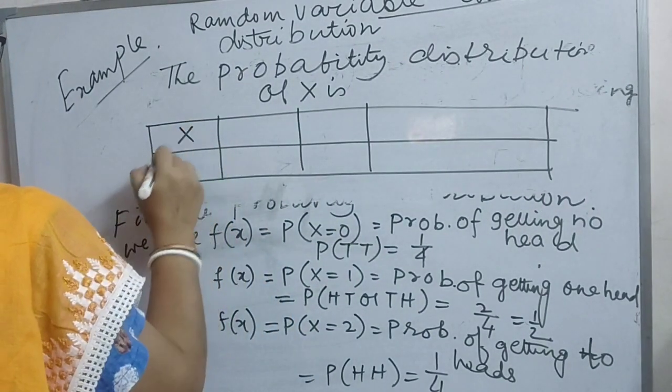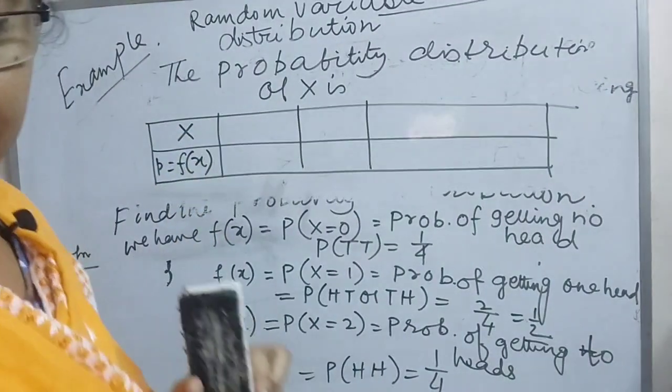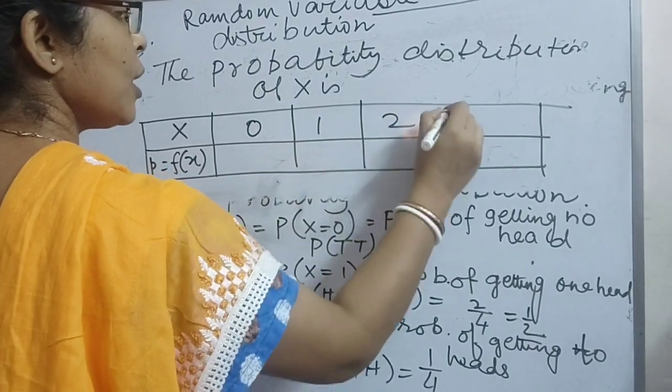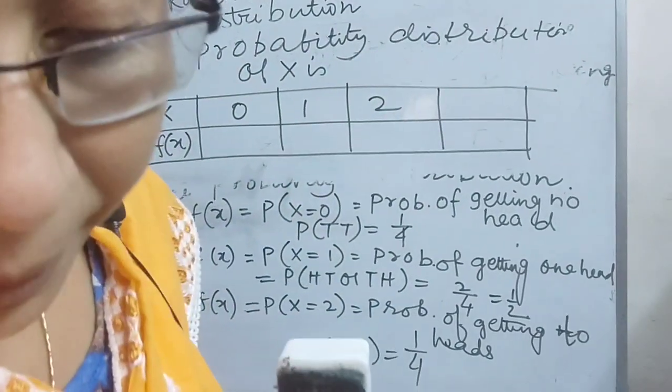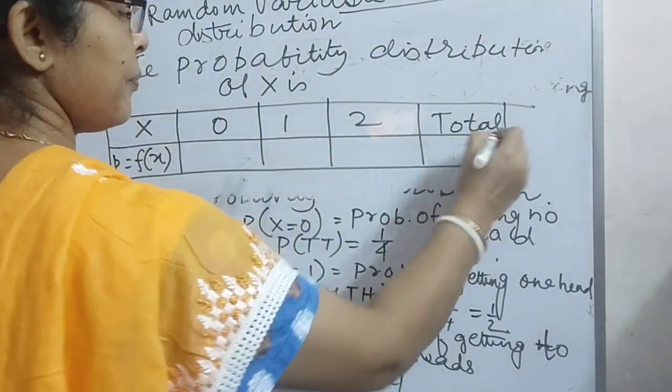X, P, that is f(x), X equal to 0, 1, 2. And this is the total.